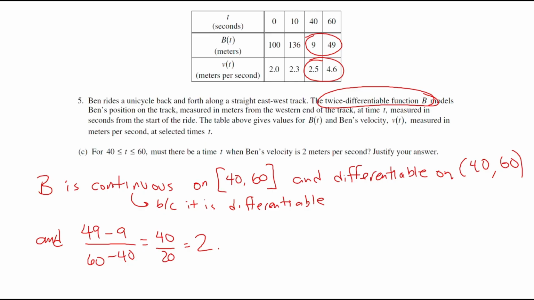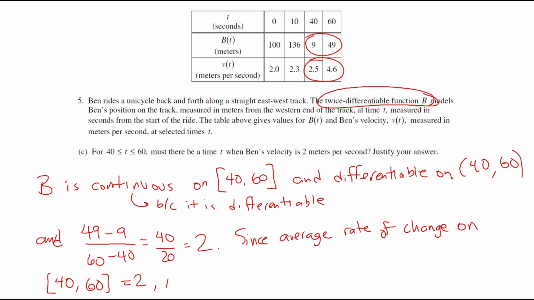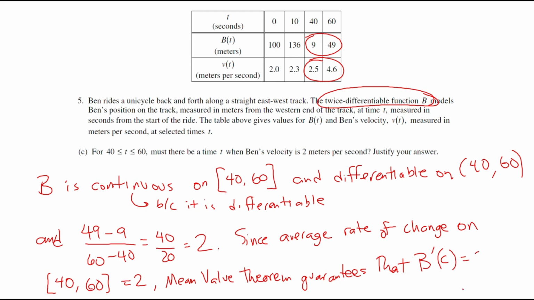So we can then say, since the average rate of change on the interval from 40 to 60 equals 2, the mean value theorem guarantees that B prime of c is equal to 2, which is v of c, on the interval 40 to 60. That's what the mean value theorem says.